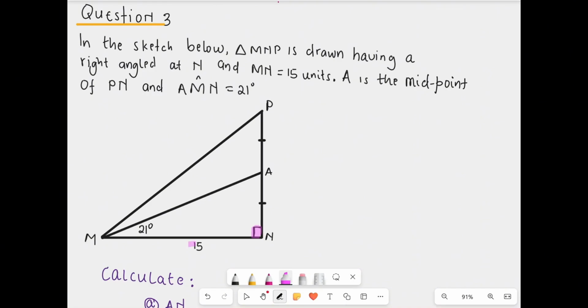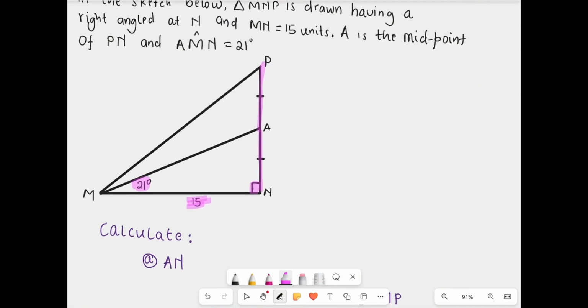A is the midpoint of PN. That means AP is equal to AN. Angle AMN is 21 degrees. As we can see, this angle here is 21 degrees.